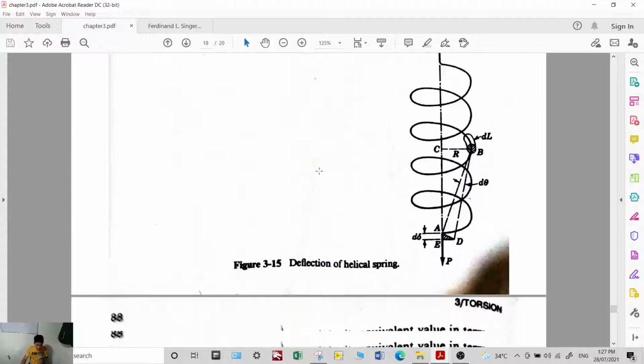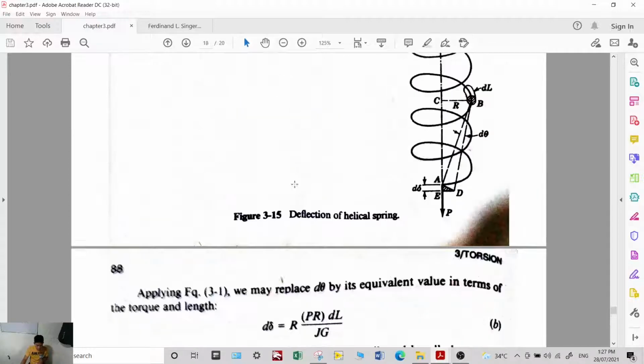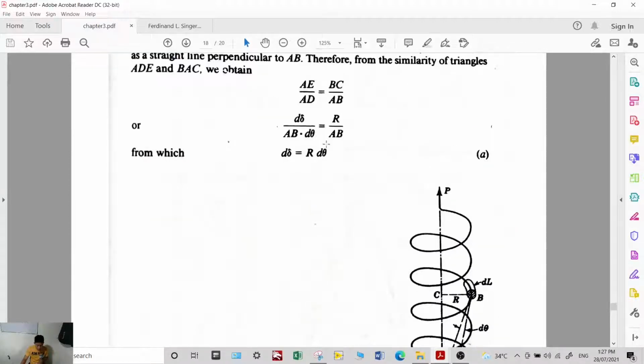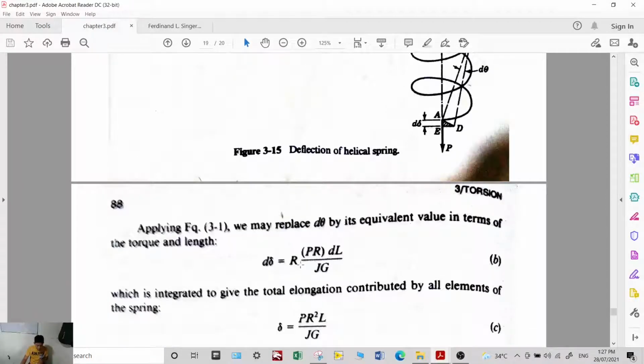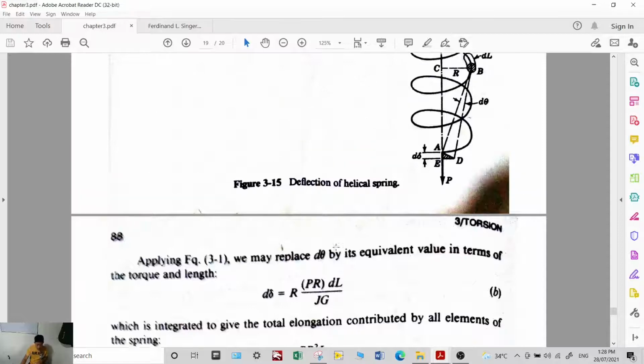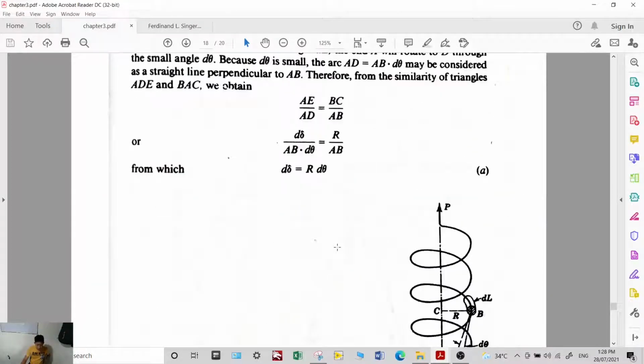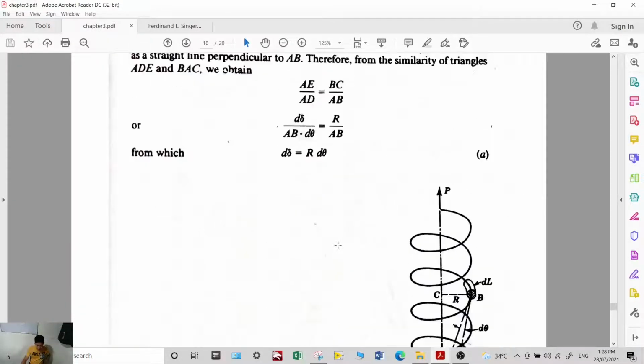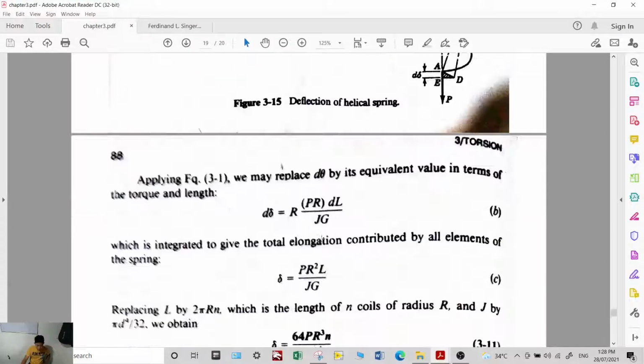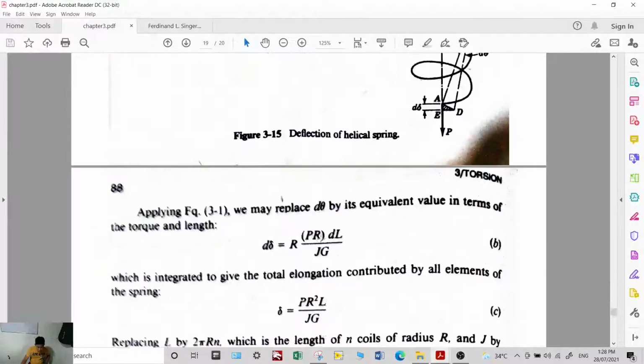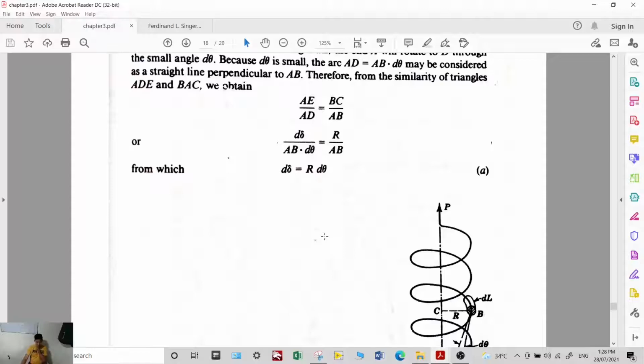So, ilisan nato ni. So, this will become R times TL over JG. Okay. Ato na lang ni i-solve sa board.